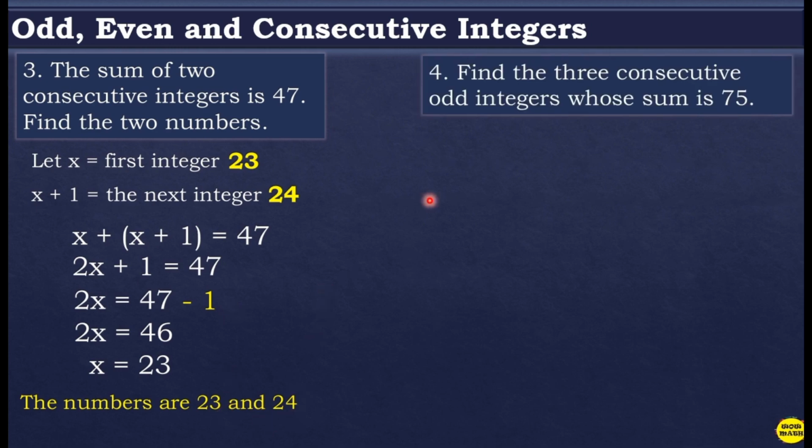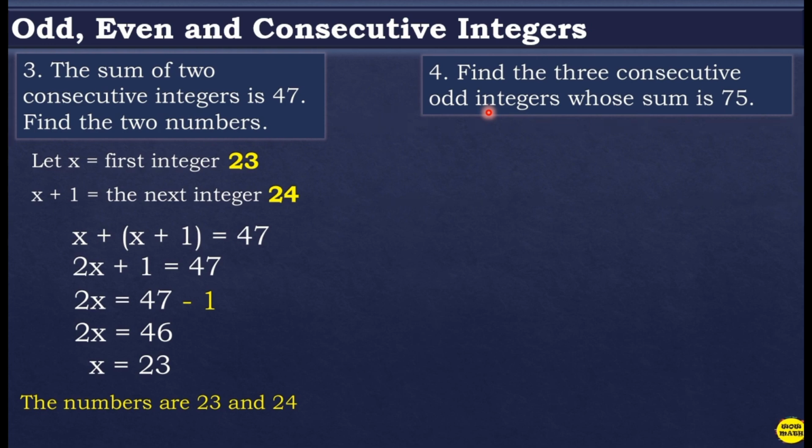Next example, find the three consecutive odd integers whose sum is 75. This time we're going to find three consecutive odd integers, and the sum of the three odd integers will be equal to 75. It's not just consecutive, but rather consecutive odd integers.